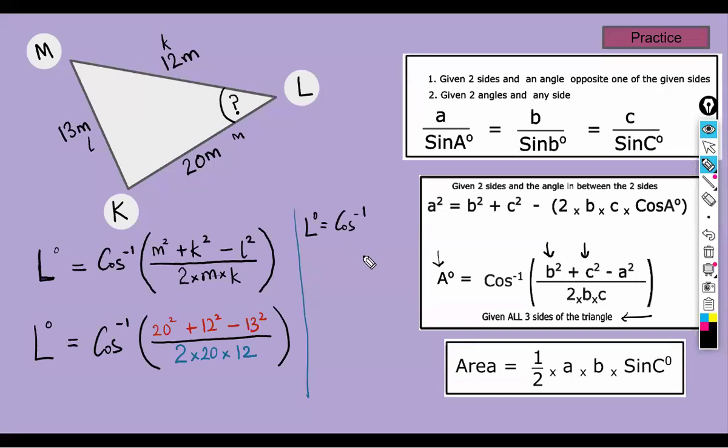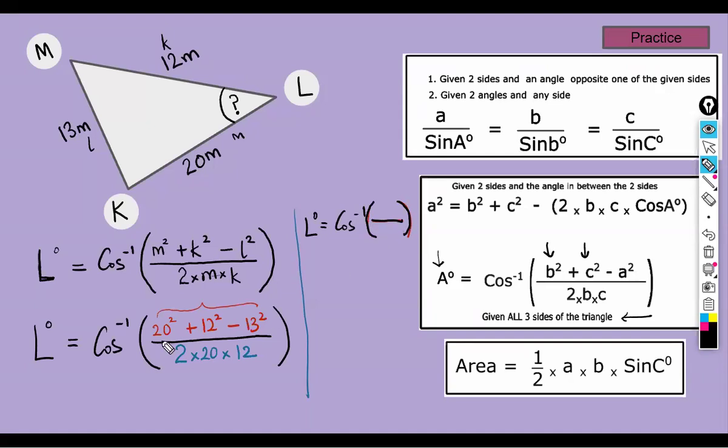Right. Now, here's what I want you to do. You cannot work out this straight on your calculator. You have to do this piece by piece. I want everyone to work out the top, the red part. Just work out the red part and tell me what the answer for the red part is. That's just the top.